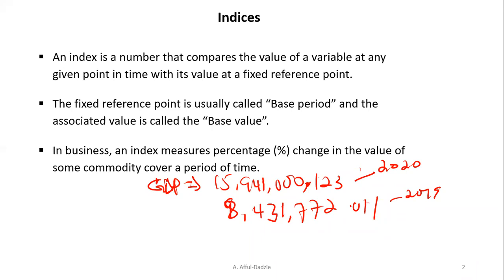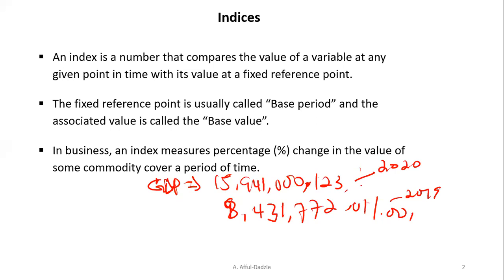Take an example. If you were to meet a statistician and you ask him, how is our GDP performing? And he tells you, okay, in 2019, we had 8,431,772,000 and something pesos, and in 2020, we have 15,941,000,123.